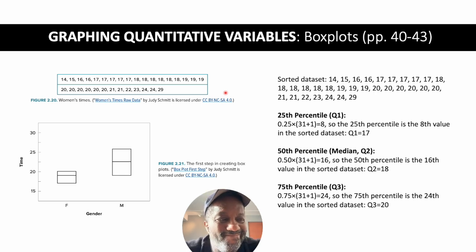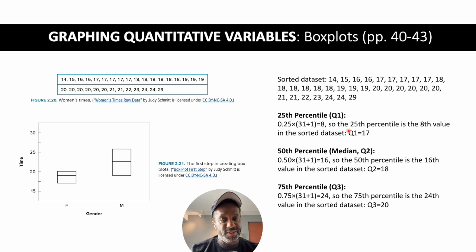That plus 1, we don't want to really get into that right now, but it's called an interpolator. It's just a way so that we can make sure that the percentiles don't fall into a continuous number. So the result of that formula, 0.25 times 32 essentially, which is 31 plus 1, equals 8.